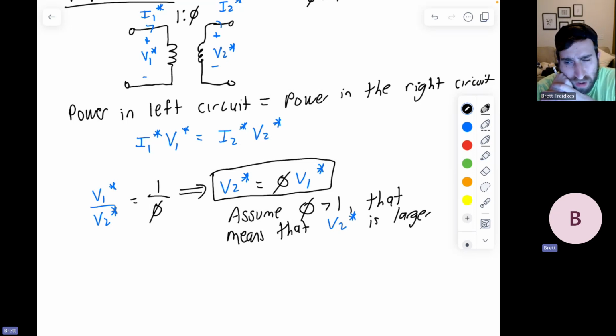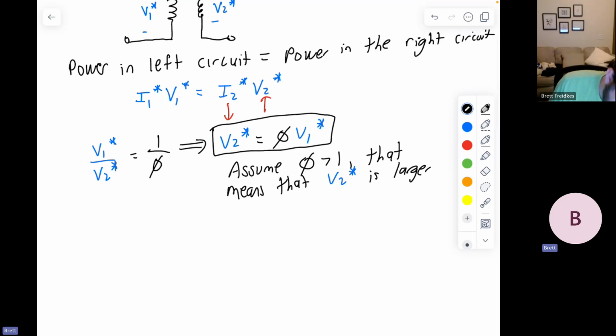Now, with that concept in mind, if I look at power conservation, what do we have to account for with the currents? Because I need this product to be the same. I1 star V1 star is equal to I2 star V2 star. If V2 star goes up, what has to happen to I2 star? Well, I2 star has to go down.